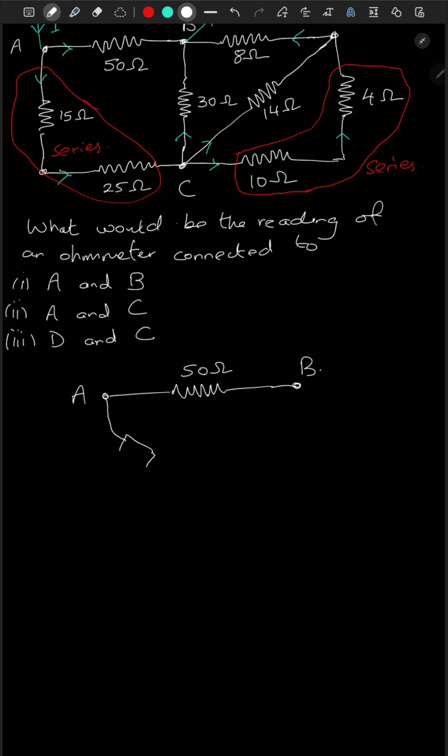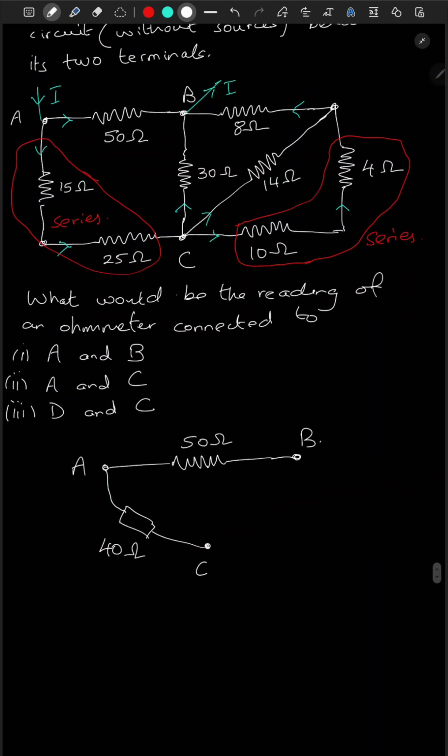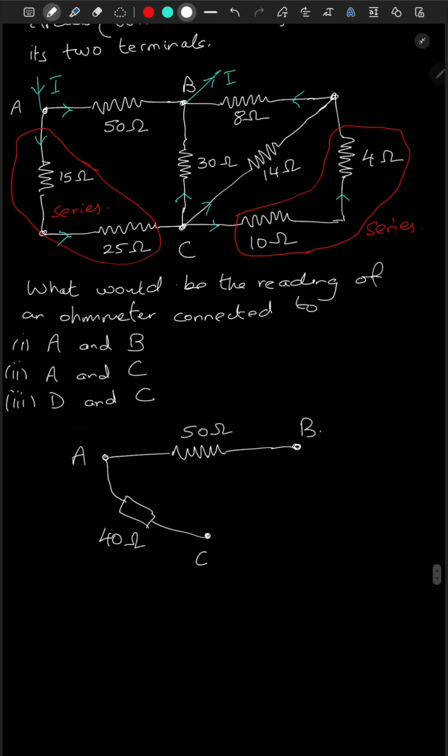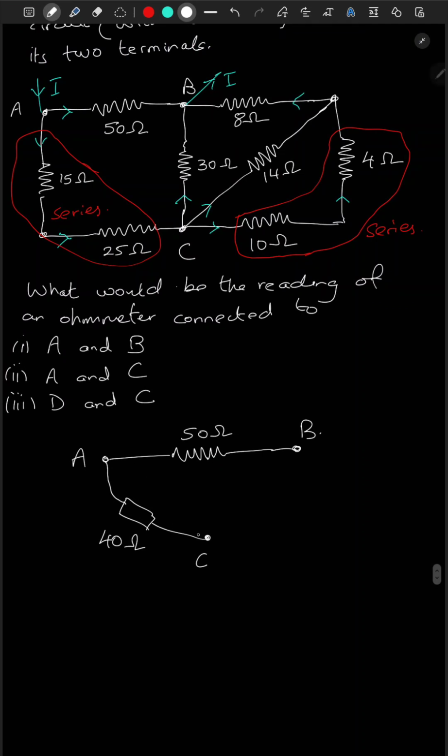So we have 40 ohm from A to C. And here again, from C to B, we have a 30 ohm. Let's draw this symbol for resistance. This 30 ohm is from C to B.